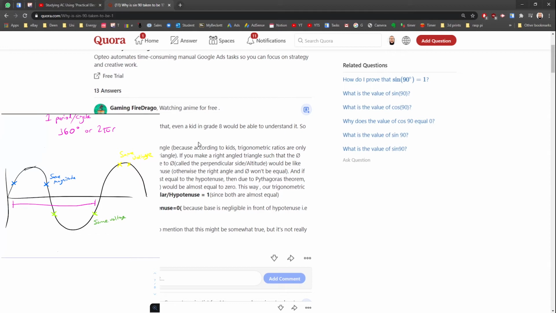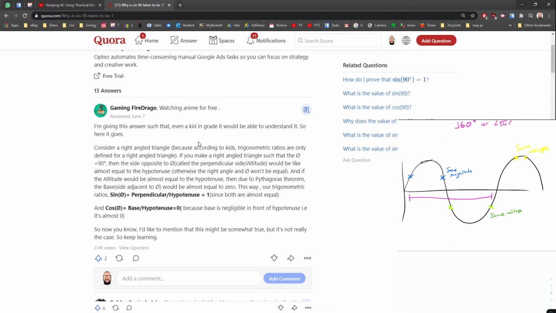If you make a right angle triangle such that theta is equal to 90 degrees, then the opposite side to theta, called the perpendicular side, or altitude, would be almost equal to the hypotenuse. Otherwise, the right angle triangle and theta won't be equal.